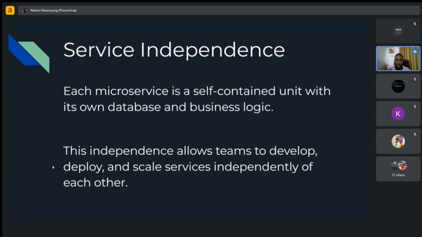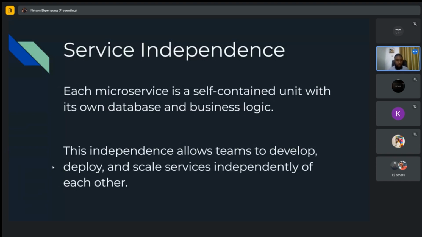From our business history, we know that the order service receives a lot of traffic on Black Friday. Because the order service is independent, with its own business logic and its own database, we can scale just the order service and get ready for Black Friday. That's where the appeal of microservices comes from.